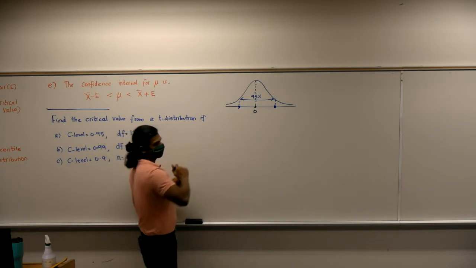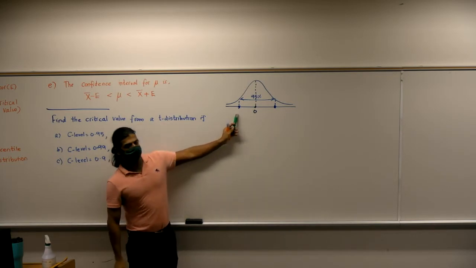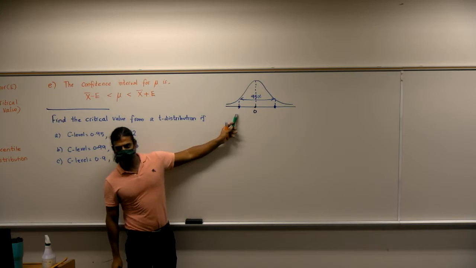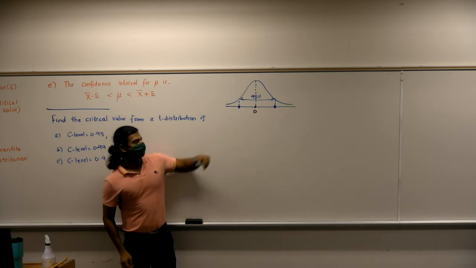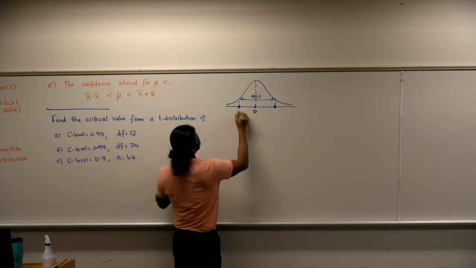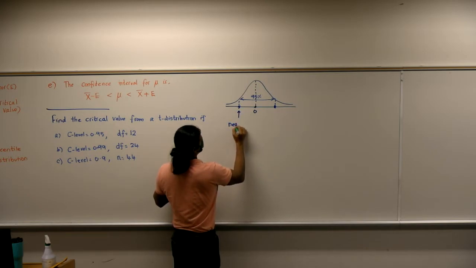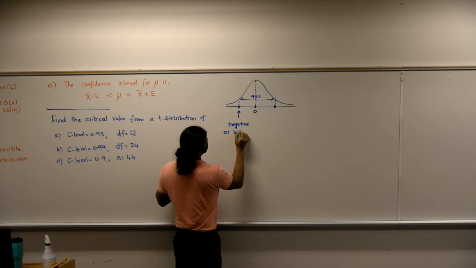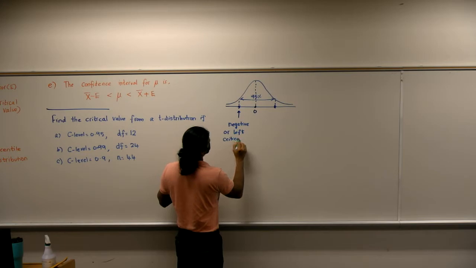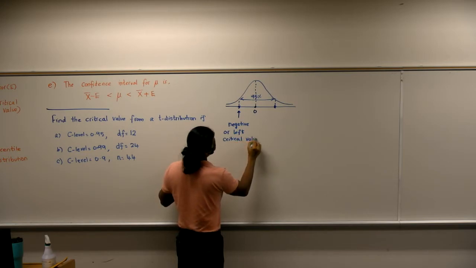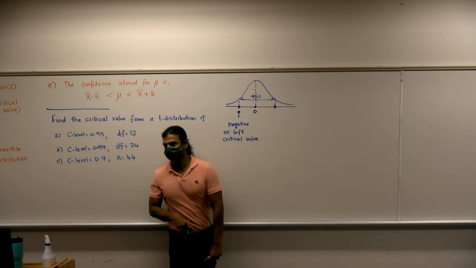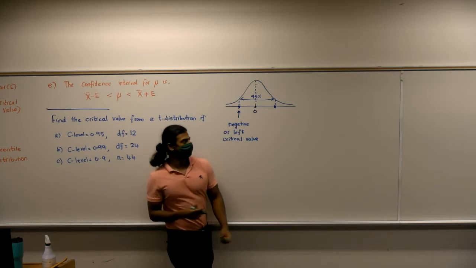Zero is right in the middle, so would that number be positive or negative? Negative. Naturally, the other one has to be positive.